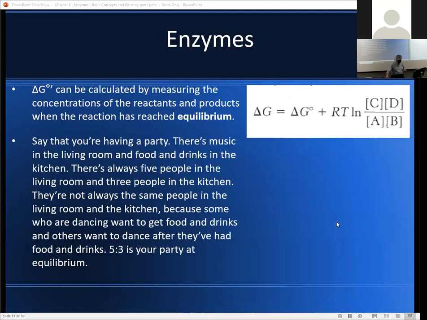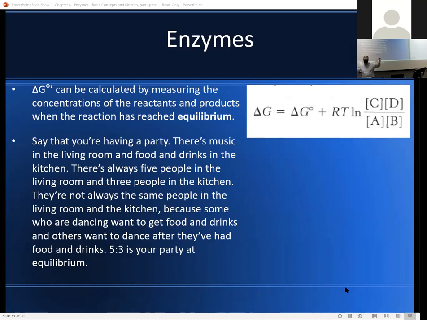So an analogy I like to use is, say you're having a party. There's music in the living room and food and drinks in the kitchen. There's always 5 people in the living room and 3 people in the kitchen. Now, I'm sure we've all had parties. It's not always going to be the same people in the living room and the same people in the kitchen, right?